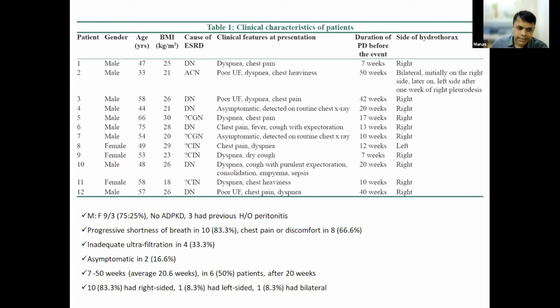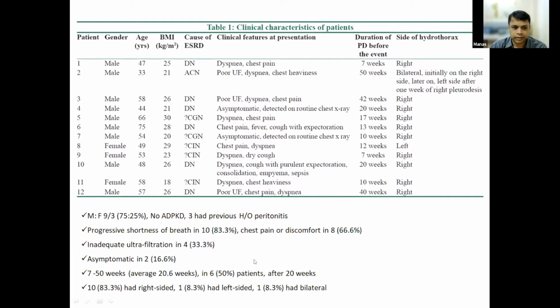Our longest late presentation is around 50 weeks. Average presentation was around 20 weeks, and 6 of our patients presented after 1.5 years of doing their peritoneal dialysis. Most were right-sided, almost 10 patients, 1 left-sided and 1 bilateral.